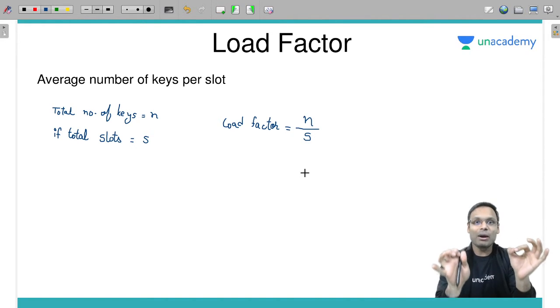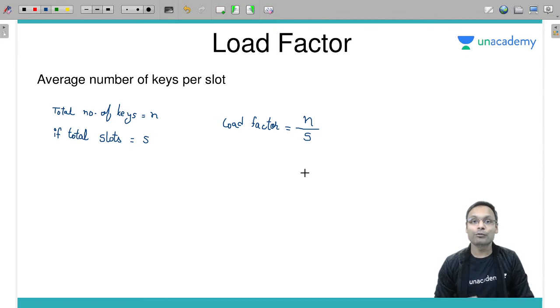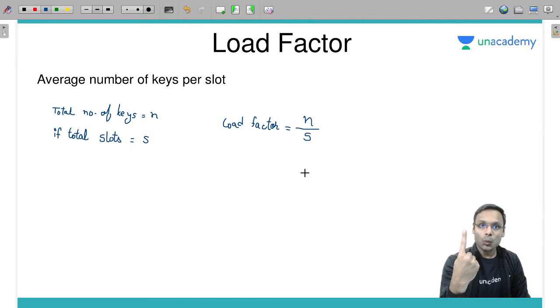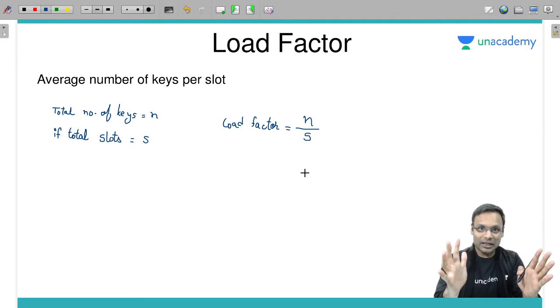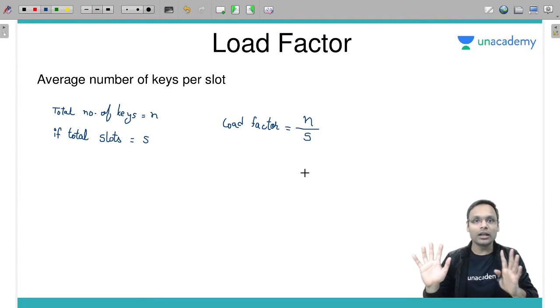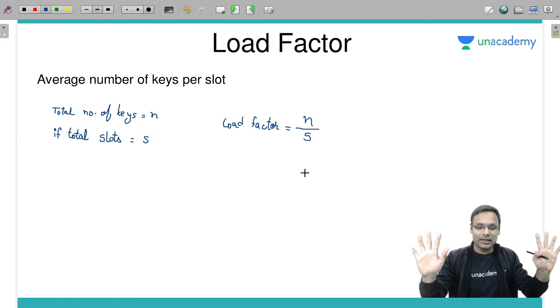No. So maximum how many keys you can store? 10, right? So if 10 keys on 10 slots, can you tell me what will be the maximum load factor possible for open addressing? Maximum load factor possible is 1. समझ में आ रही है बात? 10 slots, maximum number of keys you can insert is 10. More than that not possible. I am not talking about chaining. मैं chaining की बात नहीं कर रहा.